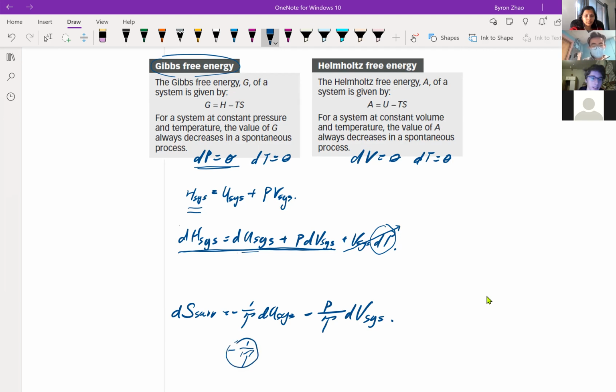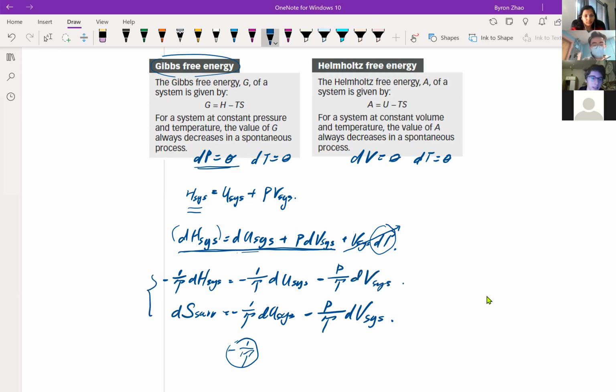So what I'm going to do is multiply the right side and left side of the equation both by minus 1 over T. So what we're getting is minus 1 over T dH system is equal to 1 over T minus 1 over T dU system plus minus P over T, because we're multiplying by minus 1 over T, dV system.